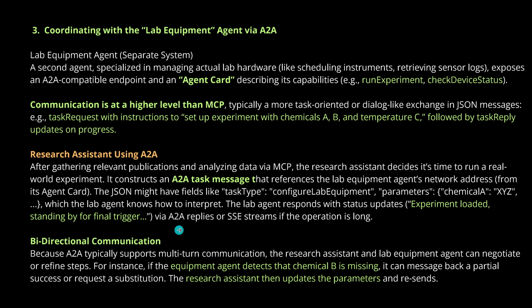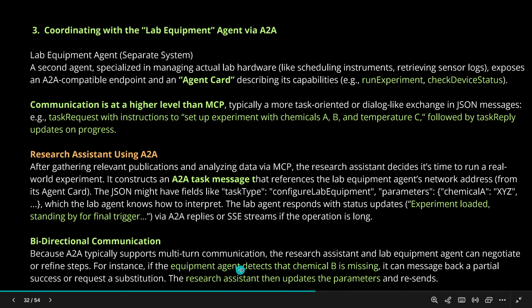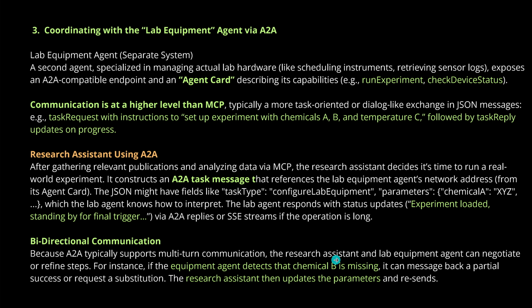This bidirectional communication is really nice, because imagine that the equipment agent detects that chemical B is missing. So we have a problem? No, not at all. Because it just goes back and says, hey, agent A, or whatever, the root agent, I found out that I have a problem here. And then the research agent can update the parameters and resend them in a different configuration where chemical B is not needed anymore.